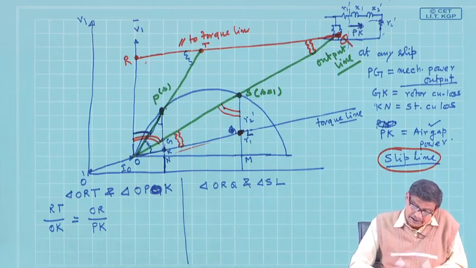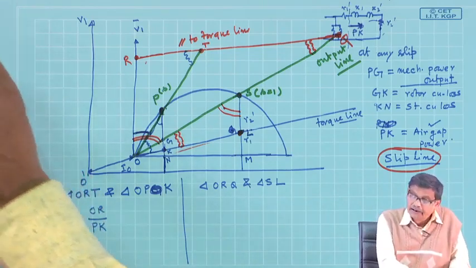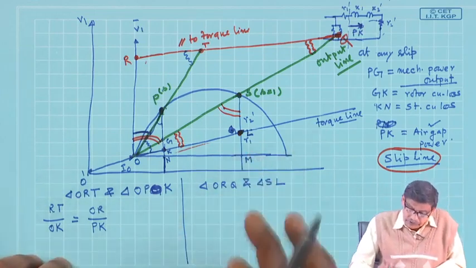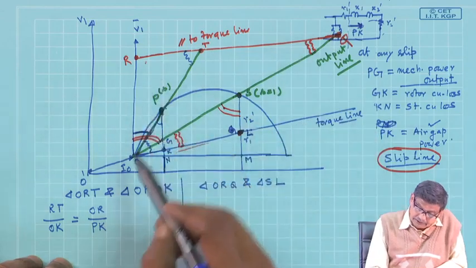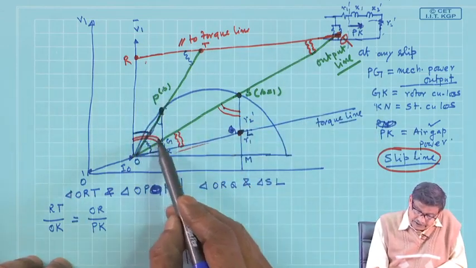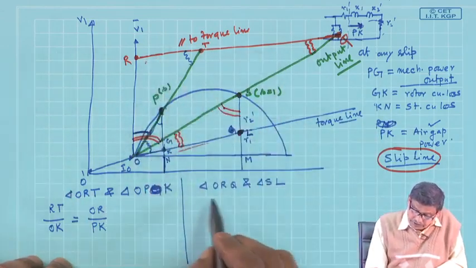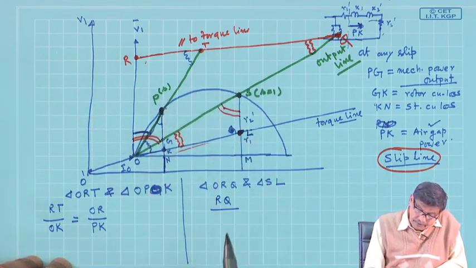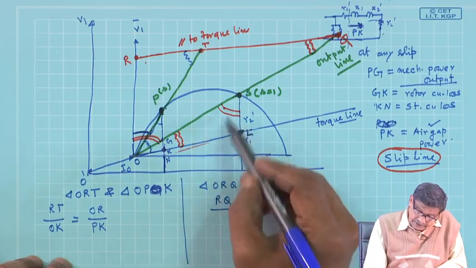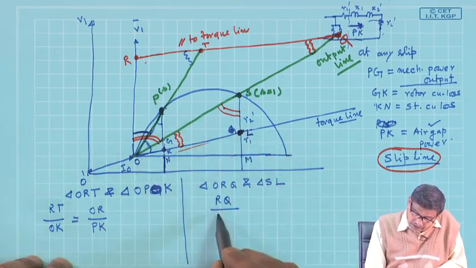So, once again I do the ratios. Therefore, first the big triangle, triangle ORQ, this angle you take, opposite to that is RQ, divided by, in this triangle it will be equal to OL.